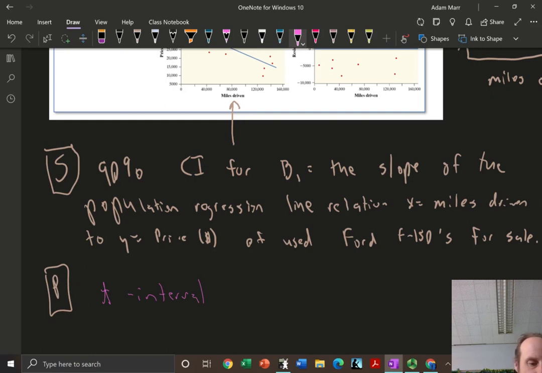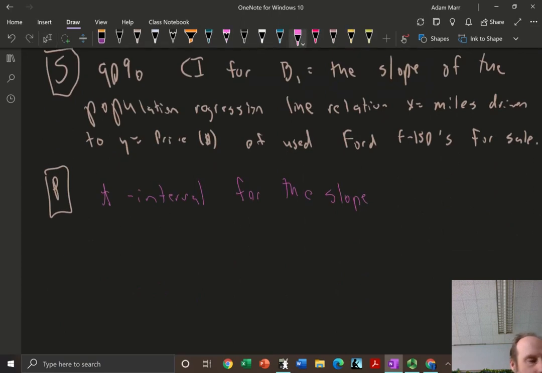Remember, it's T. Don't make the mistake I did in class and do a Z interval by accident. We're talking about a T interval for the slope. All right, awesome. And we're going to just say that all conditions have been met.